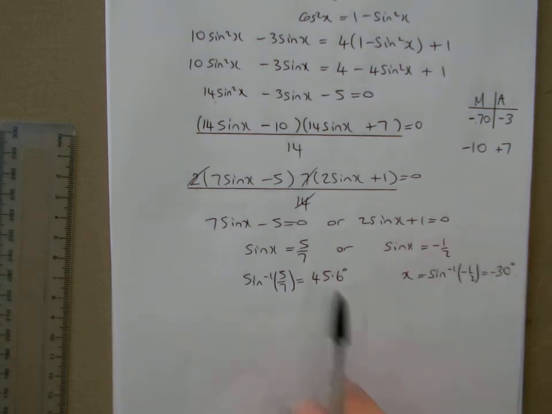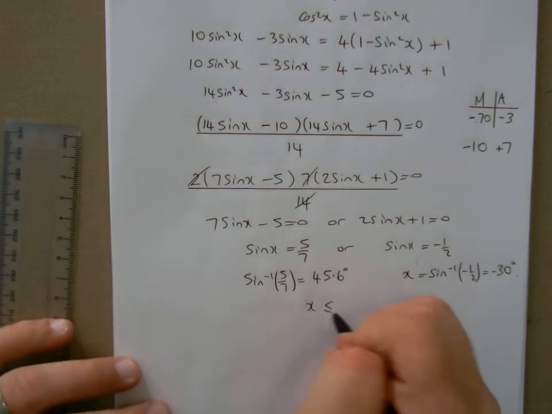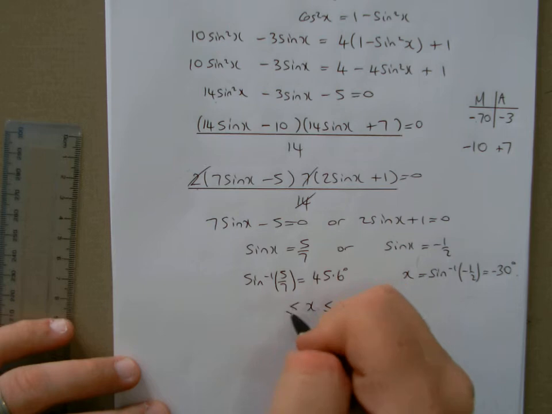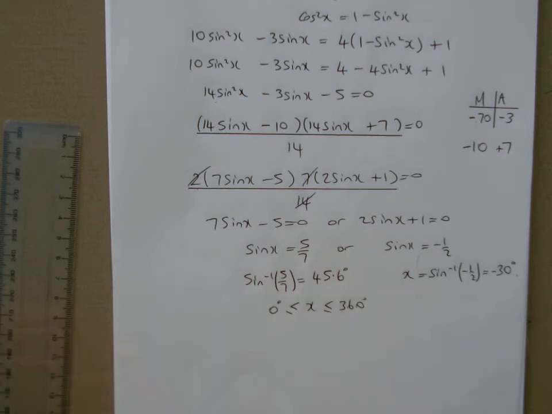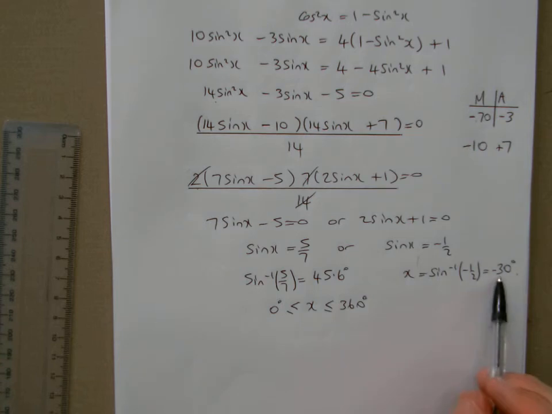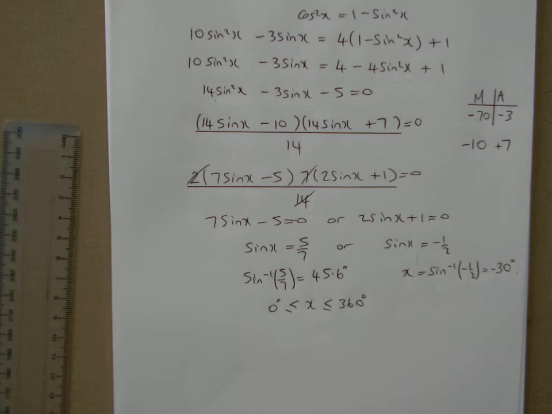Now these are two solutions, but remember we want all the solutions between 0 and 360 degrees. Now that one is actually outside of that range, but we can still use it to find the other solutions. 45.6 is in that range, which is great.